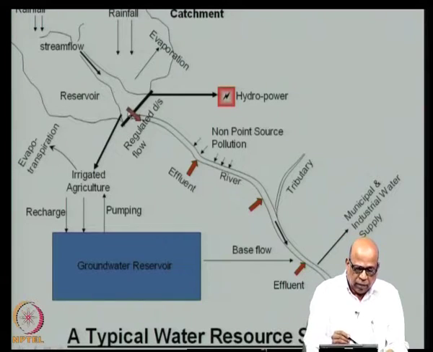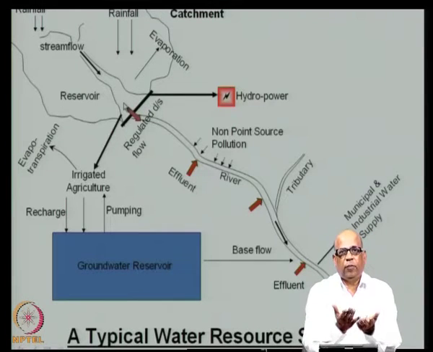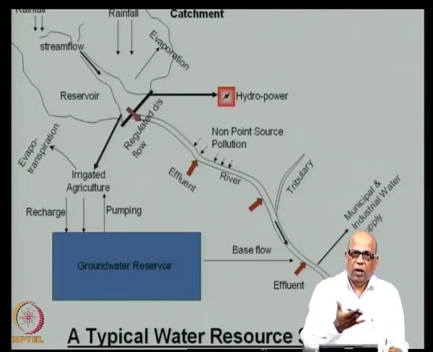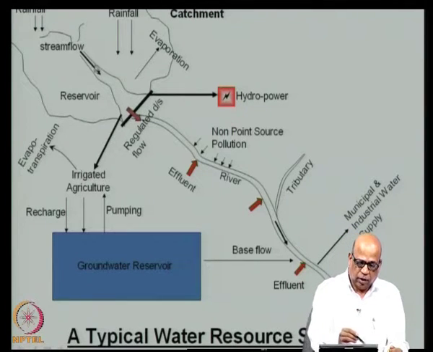Because you built a dam, the water level builds up and the surface area becomes larger and larger, because you are impounding the water and it spreads, compared to what it would have been if the flow was natural.